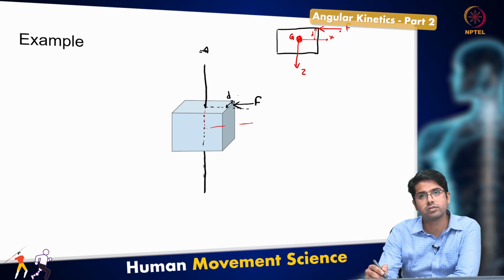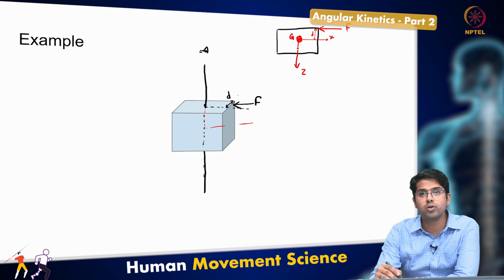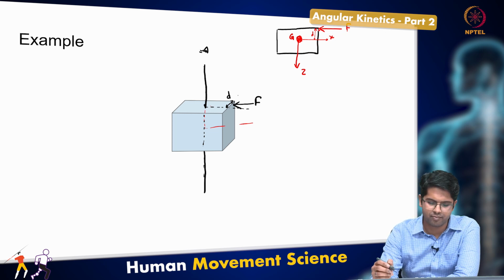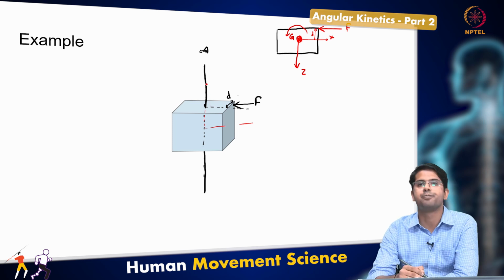Right now, there is a net force acting on the system to be able to move this, however, we know that it is not going to linearly translate. It's only going to rotate, right? So what is preventing it from linearly moving?